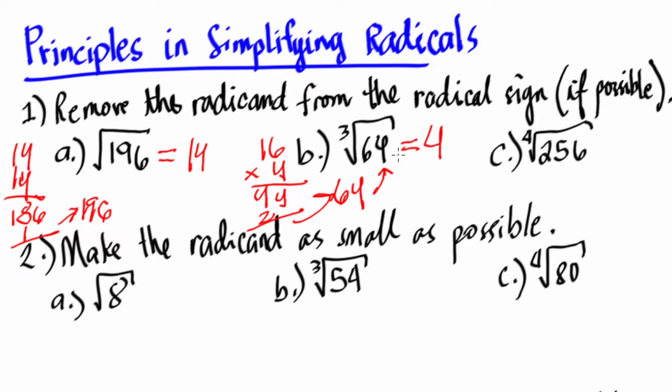For letter C, we have the fourth root of 256. For the fourth root of 256, you just need to check what number multiplied by itself 4 times will give us 256. Just try a little bit on yourselves, but you can see that eventually it's going to give us 4.